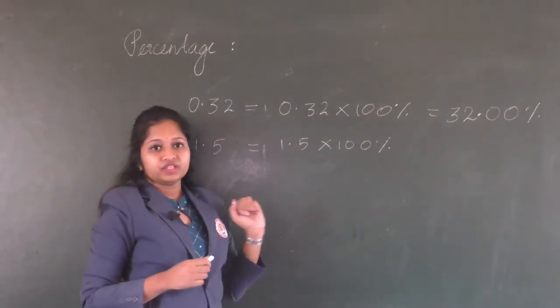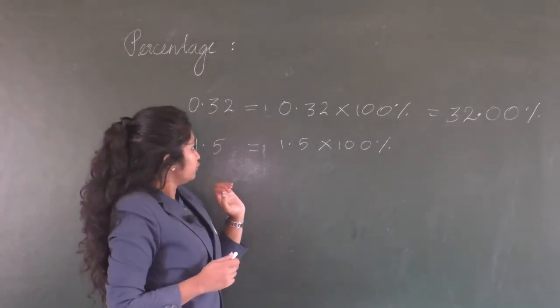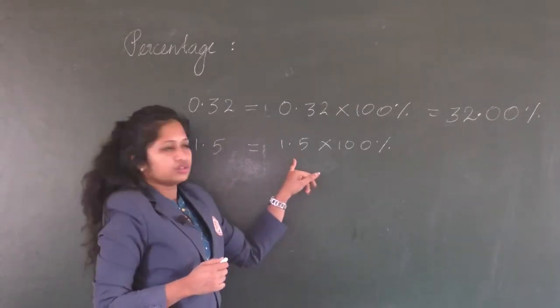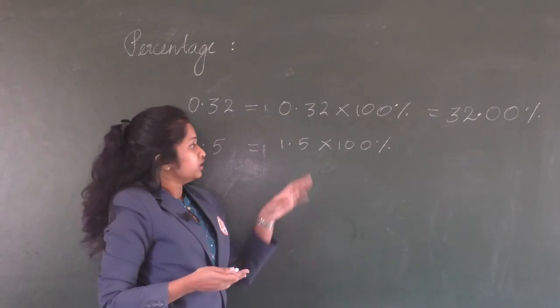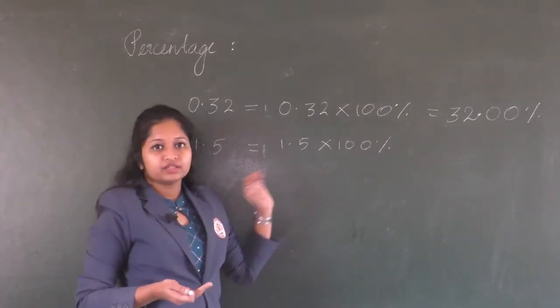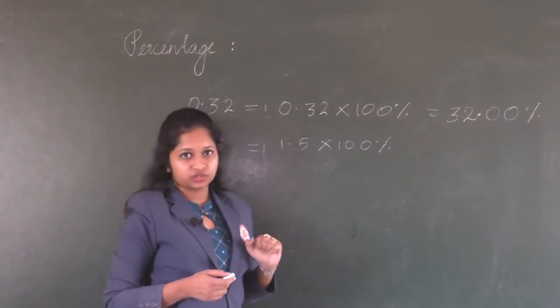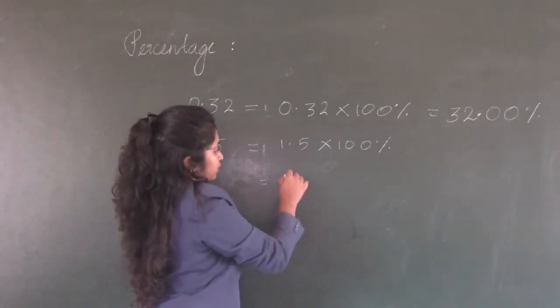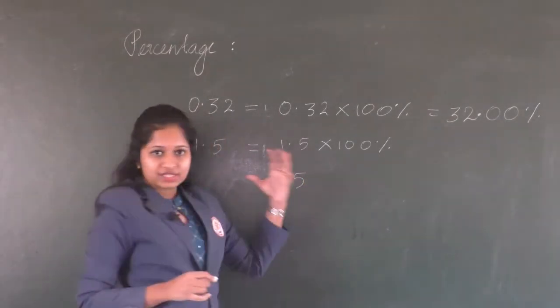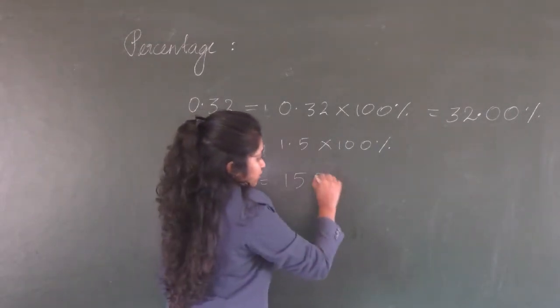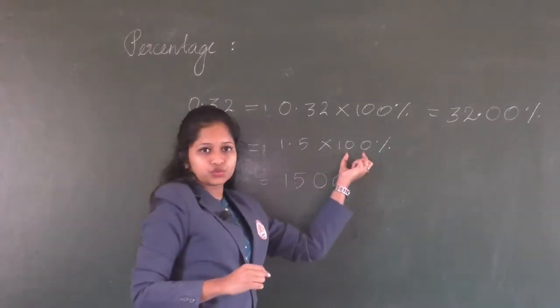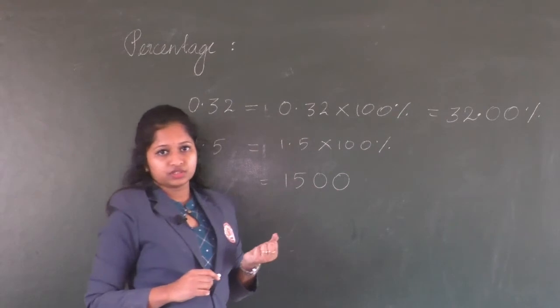Now when it comes to 1.5, similarly we should just multiply the given decimal by 100. 1.5 into 100. So when you multiply, leave the decimals and write the numbers. So since there are 2 zeros, write 2 zeros here.